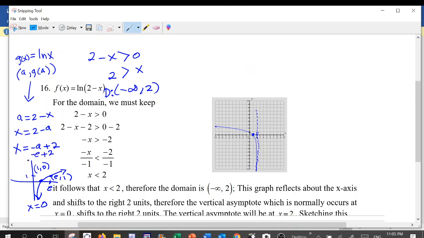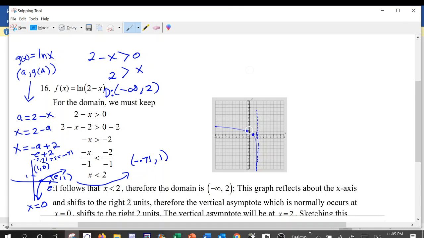Remember, e is approximately 2.71, so negative 2.71 plus 2 would be negative 0.71. So this point is going to go to negative 0.71, and the 1 doesn't change. So negative 0.71 is about right here somewhere, and 1. So it goes there, right there.